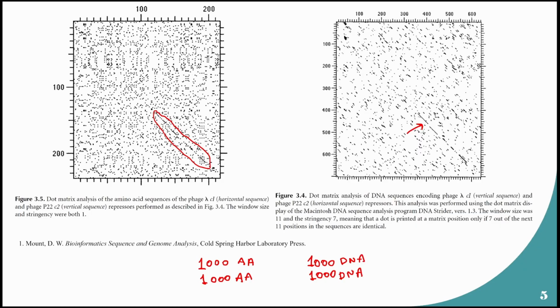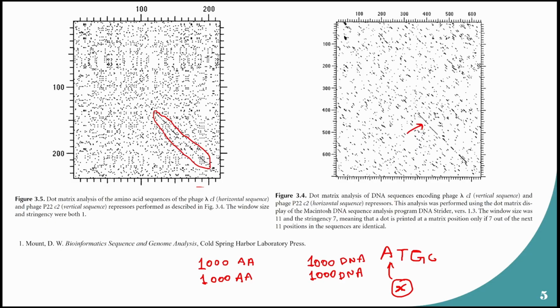Yes, correctly, because you only have four nucleotides, A, T, G, C. So the chance that one random position will match against any of these is much higher, whereas here you have 20 naturally occurring amino acids, right? So in a particular position, the chance of the match being exactly the same is much lower. That means that for nucleic acid versus nucleic acid, with the same sequence length, it will be much more prone to noise, right?